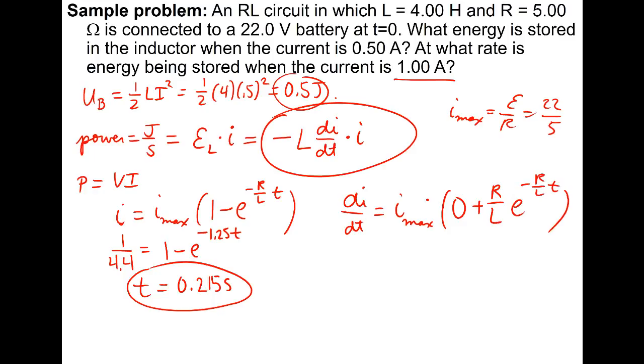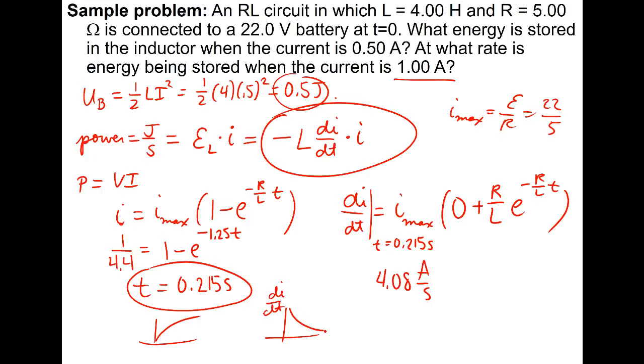We evaluate this at t equals 0.215 seconds, and we're going to get essentially a value of 4.08 amps per second. So the current is increasing at a rate of 4.08 amps per second when the current is 1 amp. So remember that di dt is a function of time. So I is increasing, but di dt is the slope of that, so it's decreasing.